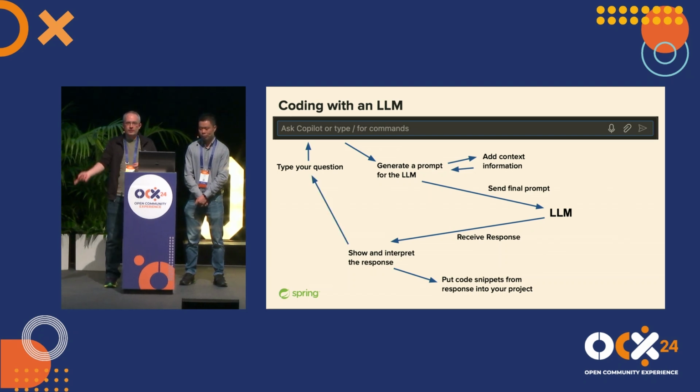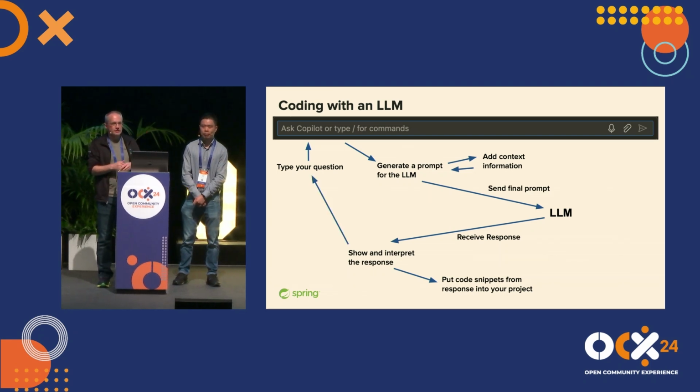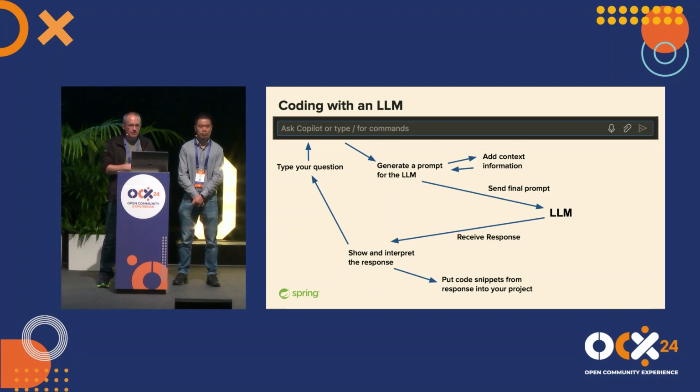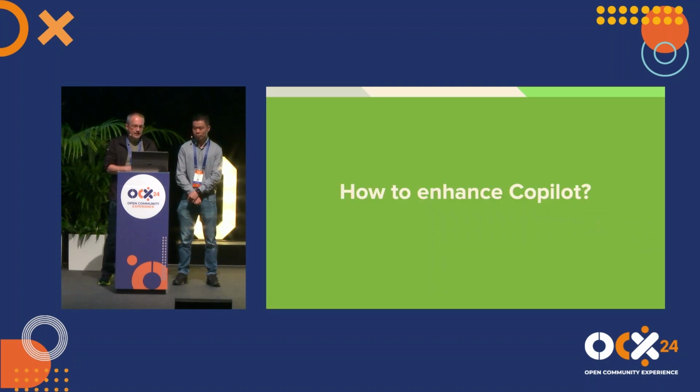Or you go back to the first step of redefining the prompt, adding more information, saying, oh, this is not exactly what I asked for, or can you include this, or take this and that into account, and then it goes the same round again, right? So that's the rough flow that Copilot uses, and that many other AI assistants in IDEs do as well.